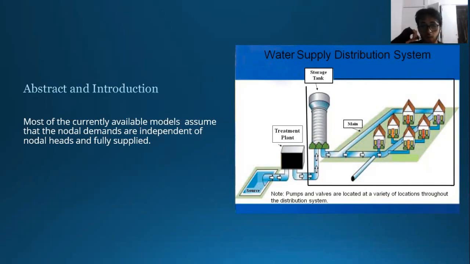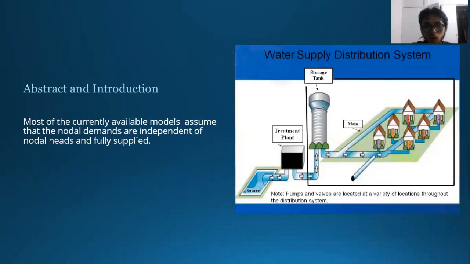So if we consider that head, that relationship between each node is the head driven analysis method. That's the concept for the abstract of what the article is trying to tell us.